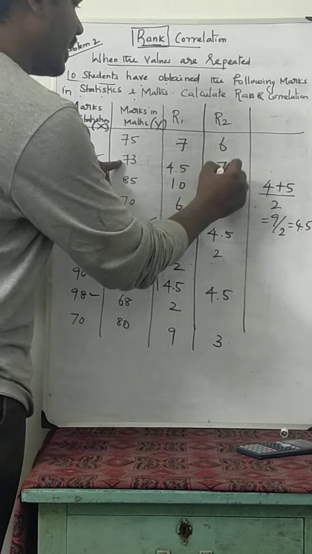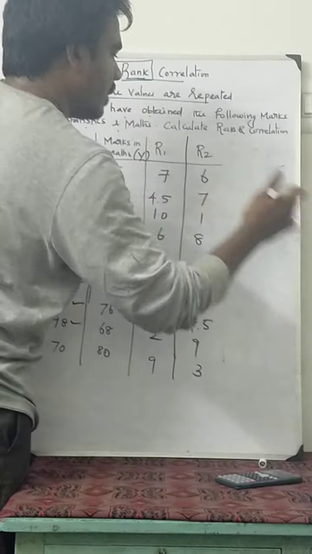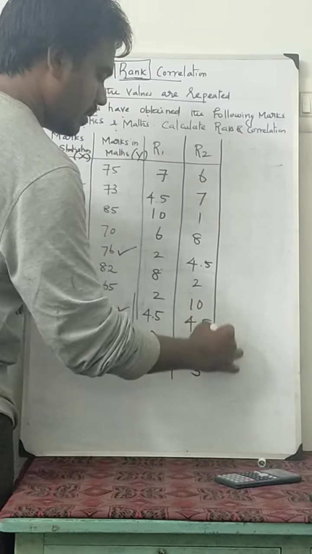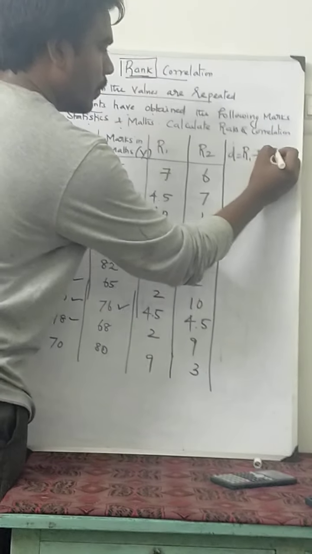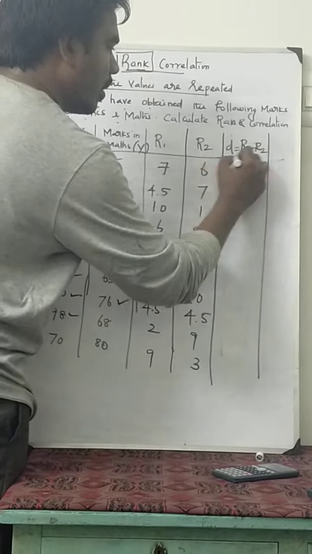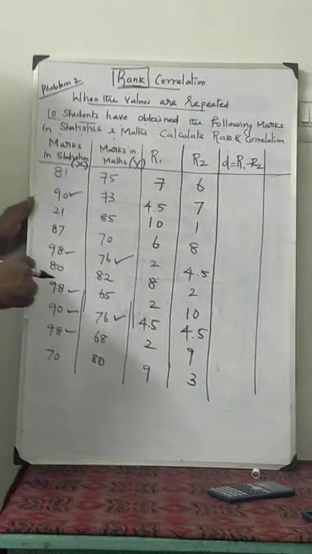Next, the next column D. D equals R1 minus R2. So once you have done R1 and R2, the next column will be D, the difference between R1 and R2.